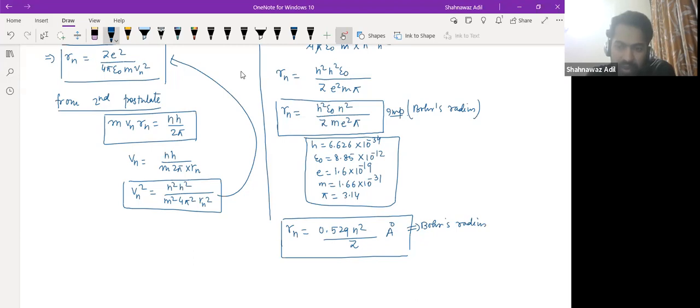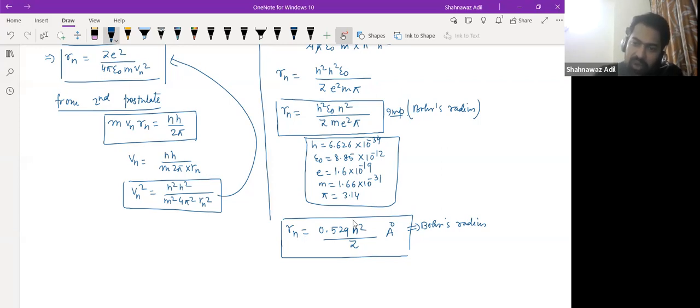Remember, this is directly proportional to n and inversely proportional to z. So if the atomic number increases, then this Bohr radius will decrease. And if the number of shells increases, obviously the radius will also increase.